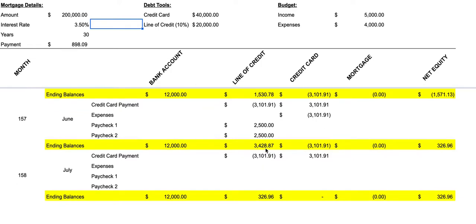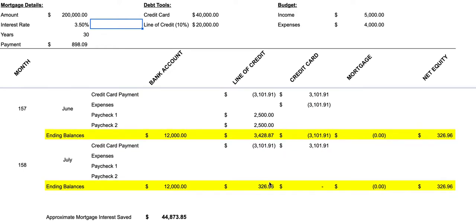And so down here, you just have made that final credit card payment. You still had to pay that credit card back. Took that out, and then your line of credit is left with this balance right here, $326. So now you can shift this $326 back to the bank account, because you're done. You're done with the mortgage, your credit card. You're done.